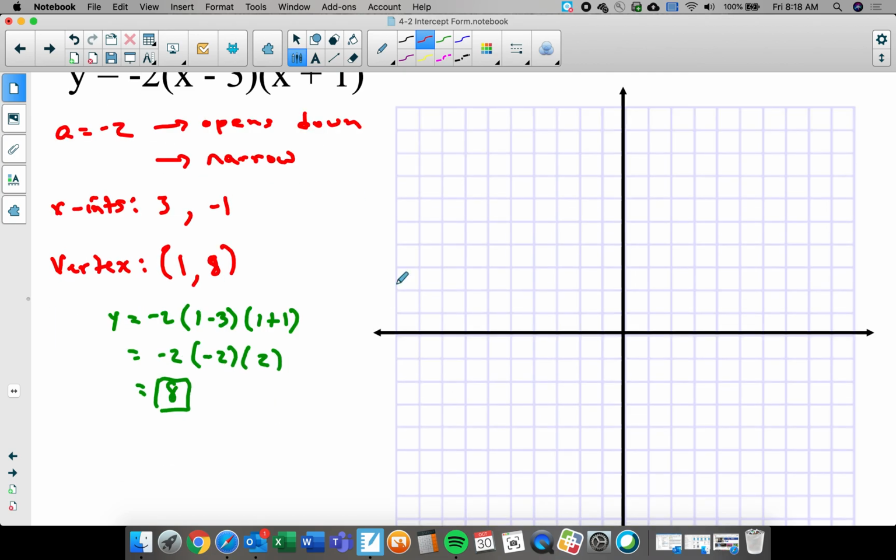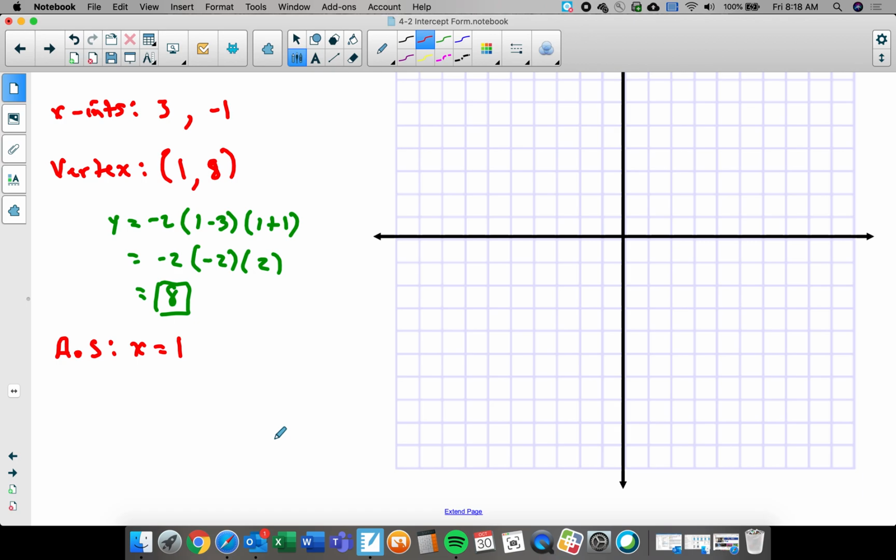Since I have my vertex, I can quickly write down my axis of symmetry, which in this case is x equals 1, goes right down the middle. And then I still need to find my y-intercept on this one, which again, remember, is when x equals 0. Just like we did with the vertex, where I plugged 1 in to find the y-coordinate, here I'm going to plug 0 in. So y equals negative 2 times (0 minus 3) times (0 plus 1).